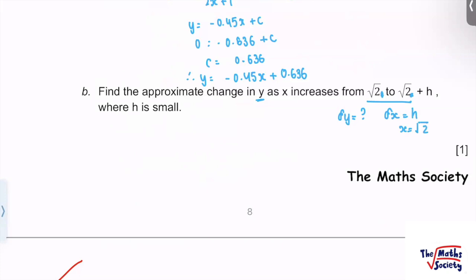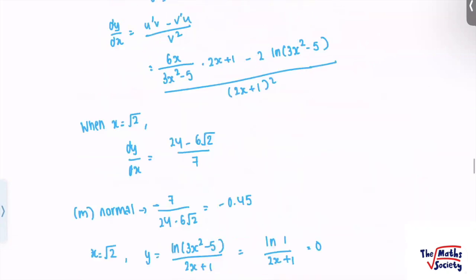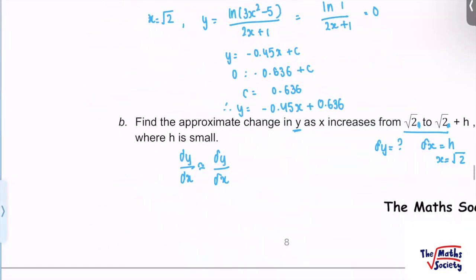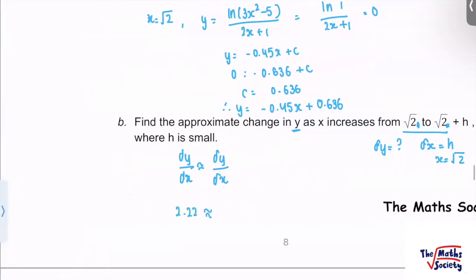And dy by dx is approximately equal to change in y by change in x. And dy by dx was approximately 2.22. So it's change in y by h, so change in y is 2.22h, and that is your approximate change.